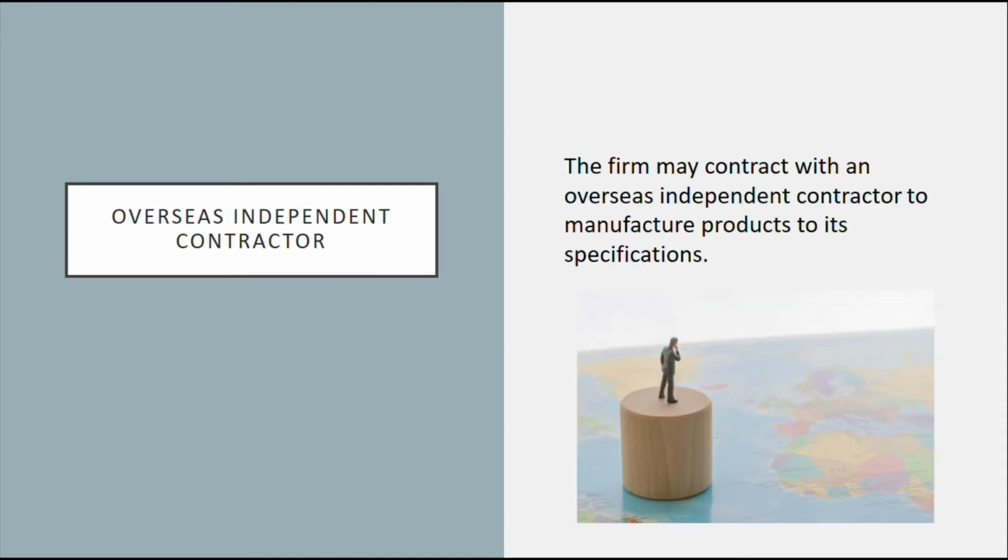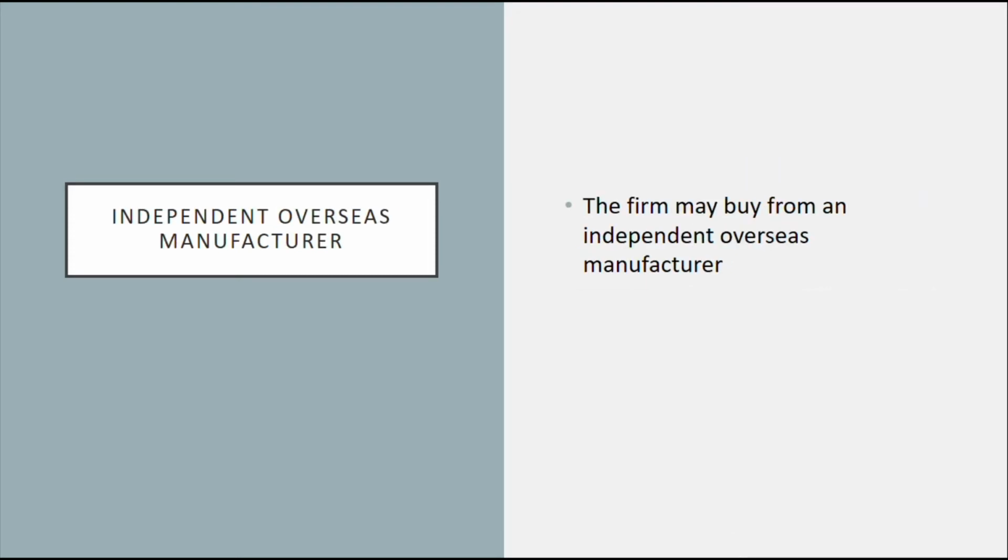The fourth is that the firm may contract with an overseas independent contractor to manufacture products to its specification. And the last one, the firm may buy from an independent overseas manufacturer.